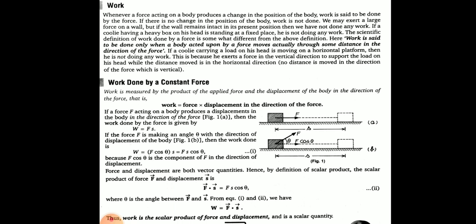In the diagram, force F is applied on a body and displacement is S, but displacement is not in the direction of force. The angle between force and displacement is theta. In such a condition, we should take the component of force in the direction of displacement, that is F cos theta.